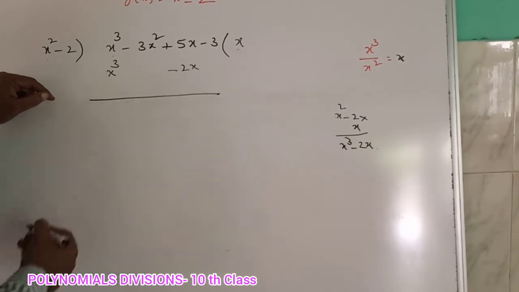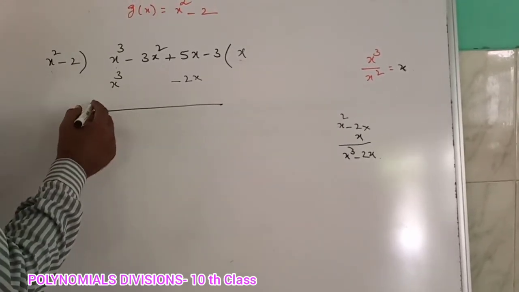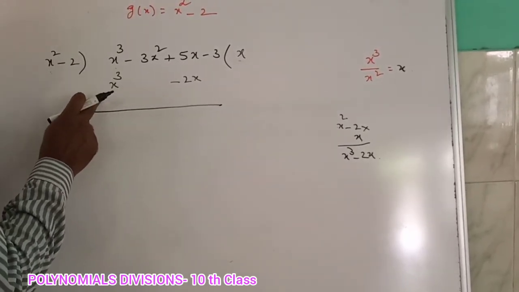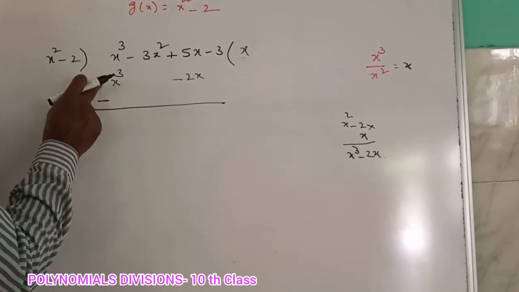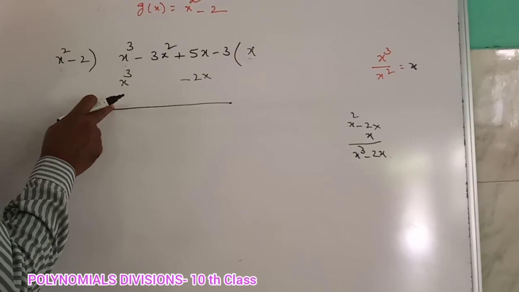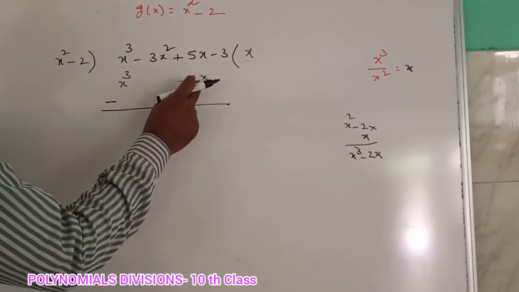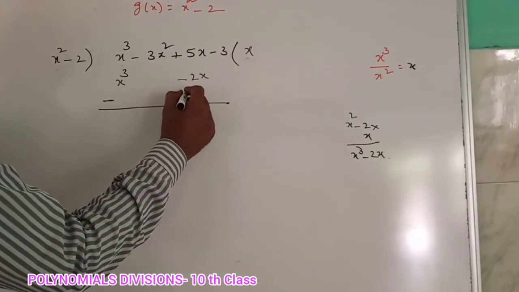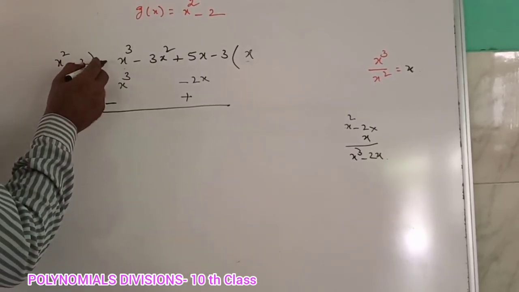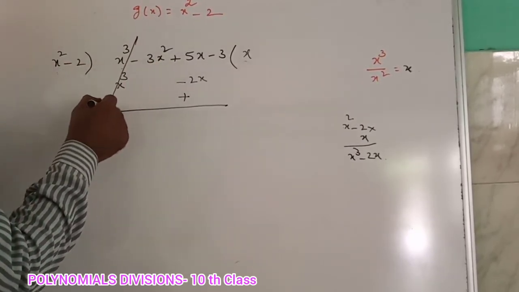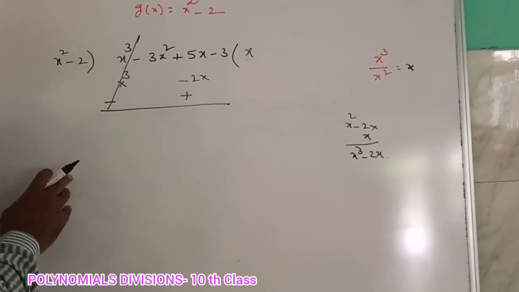Then subtraction. Subtraction means the signs of the second polynomial are changed. Plus x cube changes to minus x cube, and minus 2x changes to plus 2x. So plus x cube and minus x cube cancel.